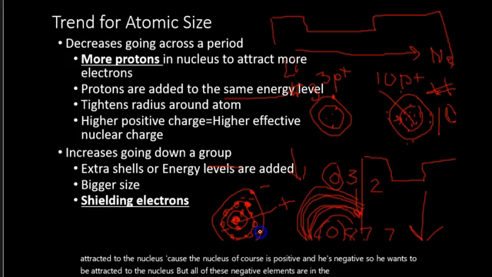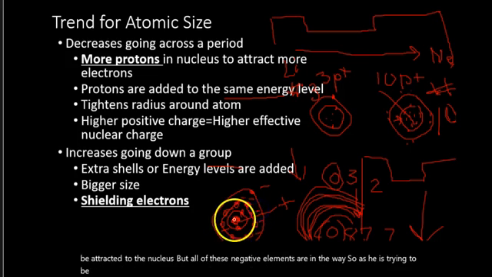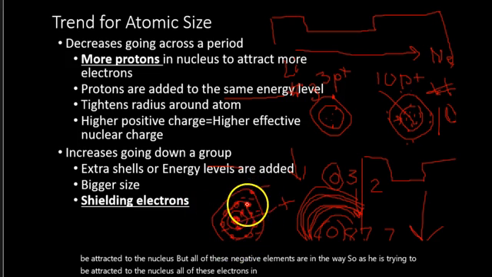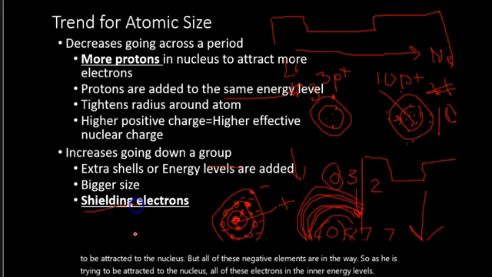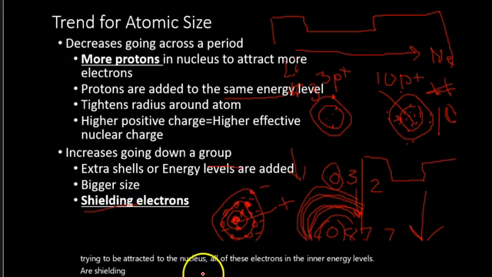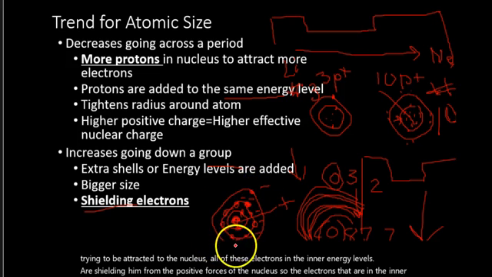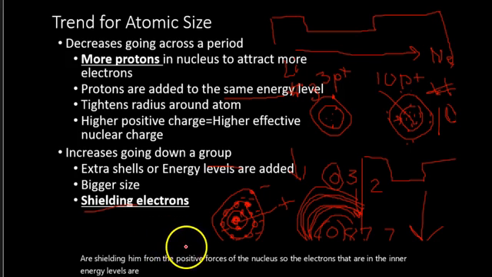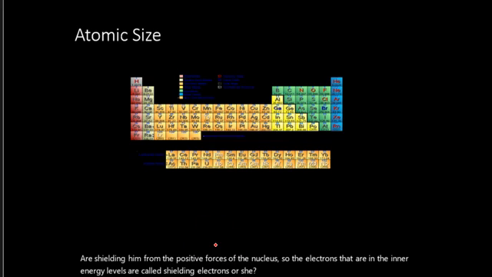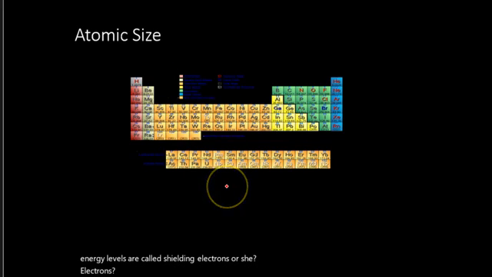So as he is trying to be attracted to the nucleus, all of these electrons in the inner energy levels are shielding him from the positive forces of the nucleus. So the electrons that are in the inner energy levels are called shielding electrons or shield electrons.